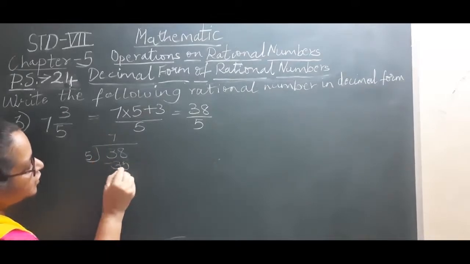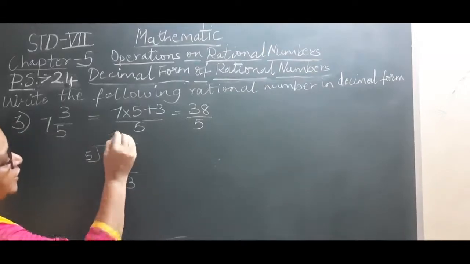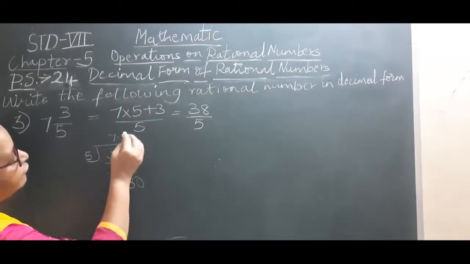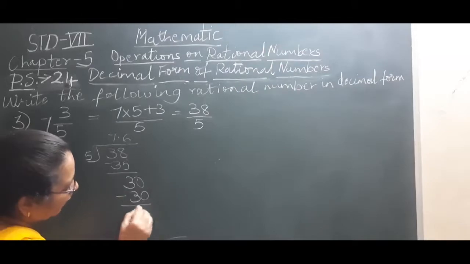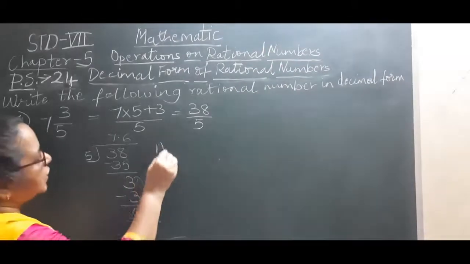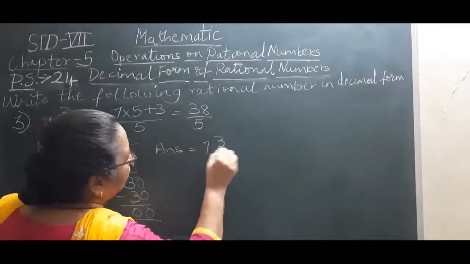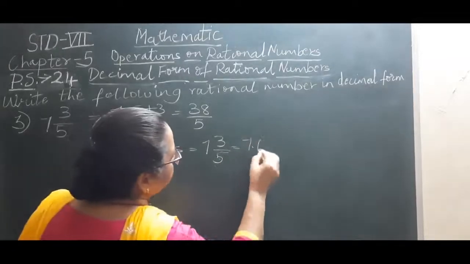We are going to minus 35. What is remaining? 3. We are going to take a decimal. Add a 0 here. 5 6s are 30. Remainder is 0. So we have got the answer. So the answer for the mixed fraction 7 3 by 5 is equal to 7.6.